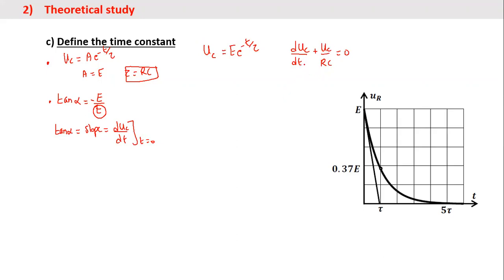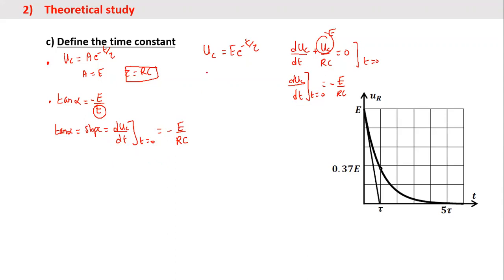At t equals 0, uc is equal to E, which means that duc by dt at t equals 0 equals minus E over RC.